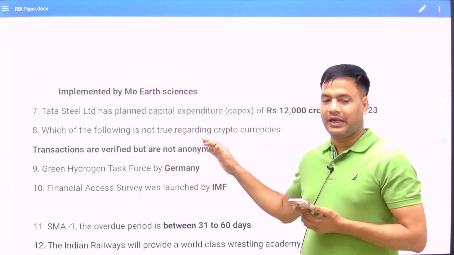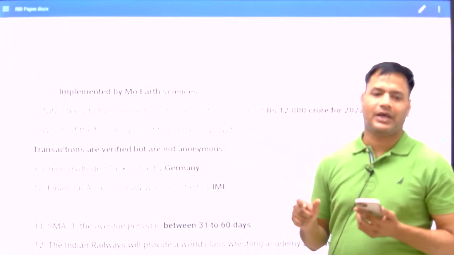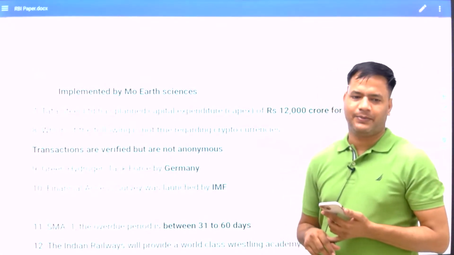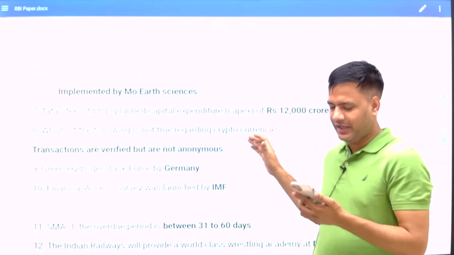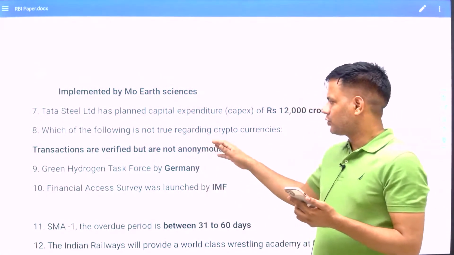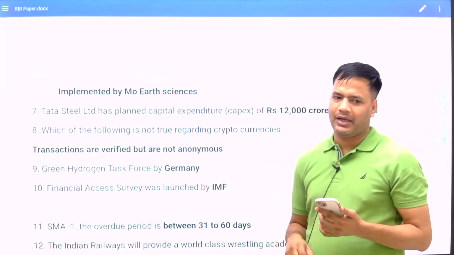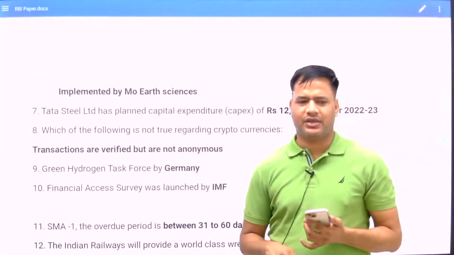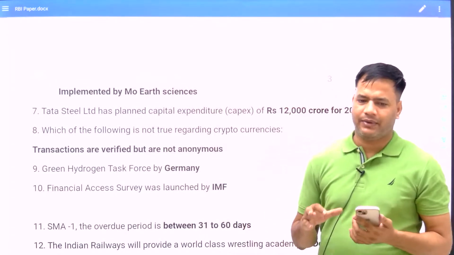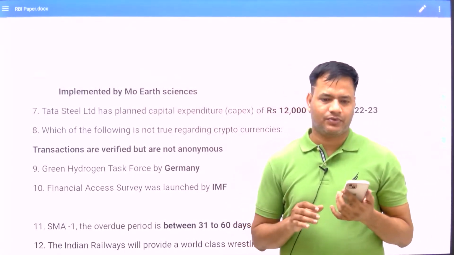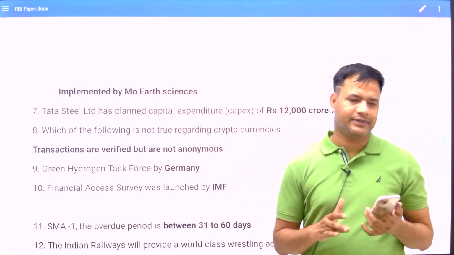This cryptocurrency question was taken from a speech by the RBI governor or deputy governor on cryptocurrency, which is on the RBI website. As I say in every lecture, the RBI, NABARD and SEBI websites are a must nowadays for every banking exam.